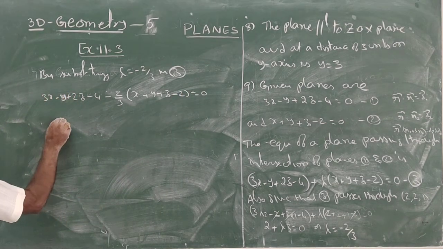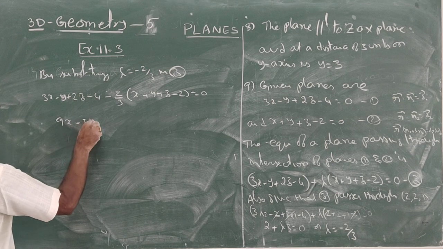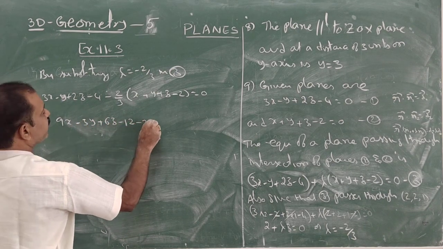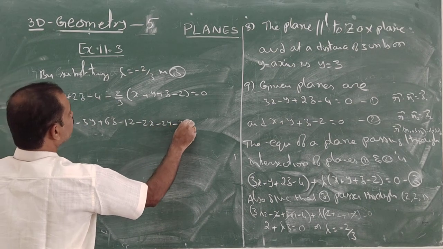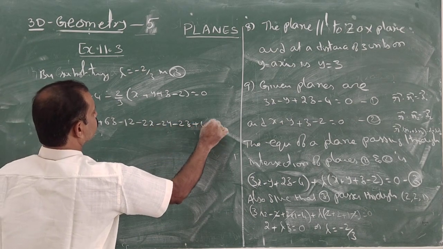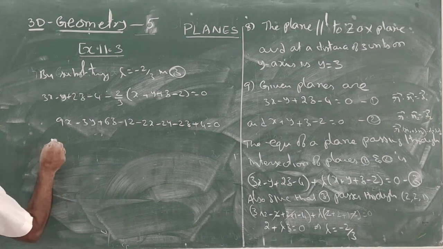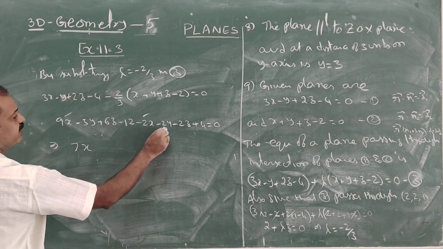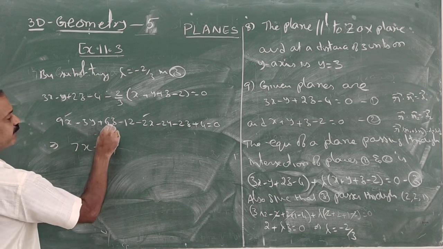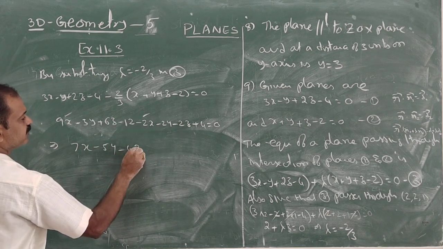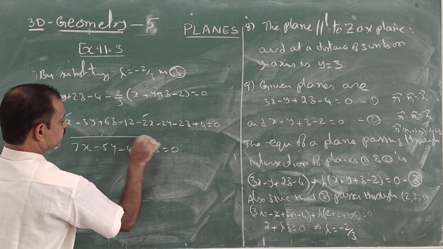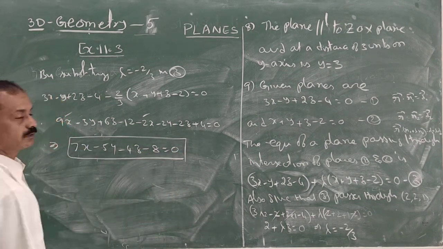Take the LCM. This is 9x minus 3y plus 6z minus 12 minus 2x minus 2y minus 2z plus 4 equals 0, which implies 9x minus 2x is 7x, minus 3y minus 2y is minus 5y, 6z minus 2z is 4z, minus 12 plus 4 is minus 8, equals 0.